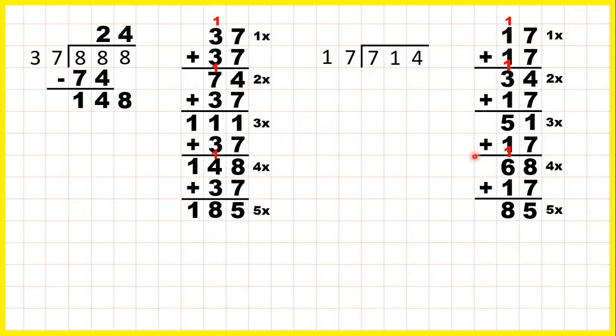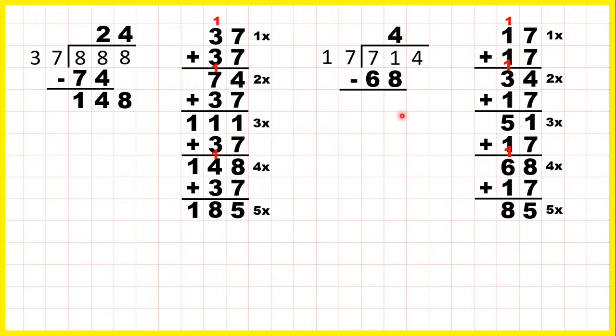So we need to find the number that's closest to 71, but still less than 71. We can see here that's 68, so we write that underneath. And because 68 is 4 times 17, we write 4 in our answer line.